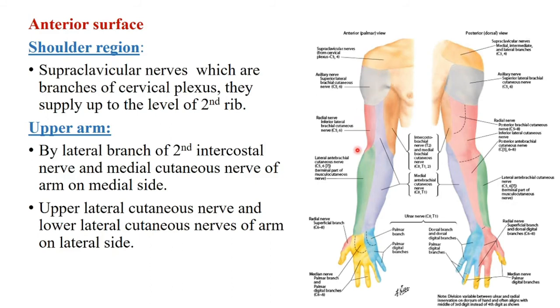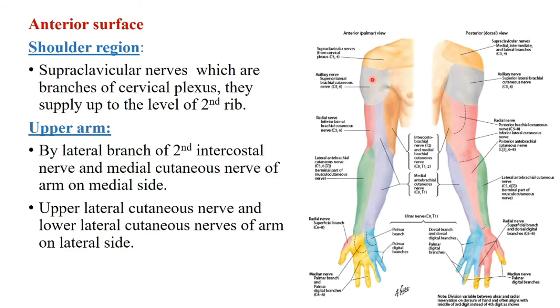Then comes the upper arm. The upper arm is supplied by the intercostobrachial nerve and medial cutaneous nerve on the medial side, and on the lateral side by the superior lateral cutaneous nerve of arm and inferior lateral cutaneous nerve of arm.